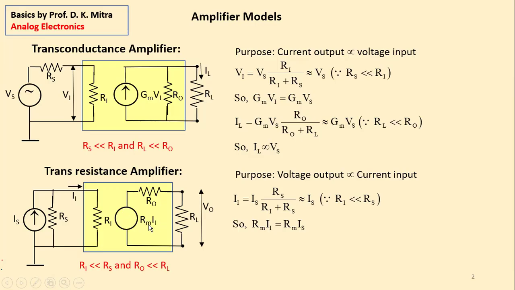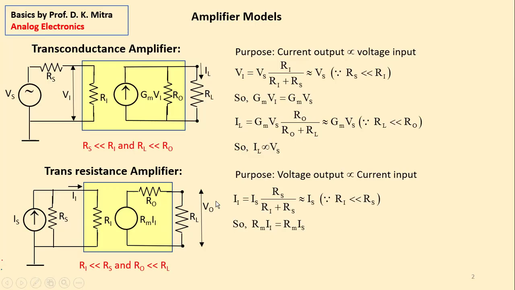Rm is the transresistance gain, or we can call it current to voltage gain, right? RmIi. Ii is the current which flows into the circuit. Mind it, Is is the current of the source, but Ii is the current that flows into the circuit.